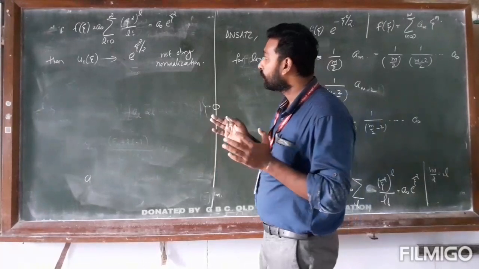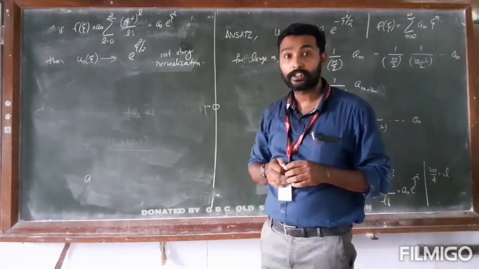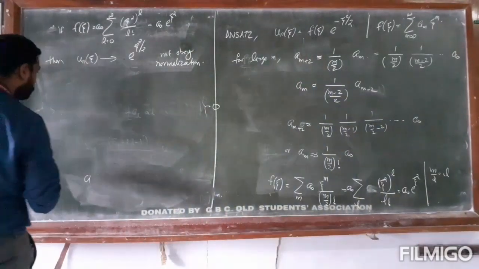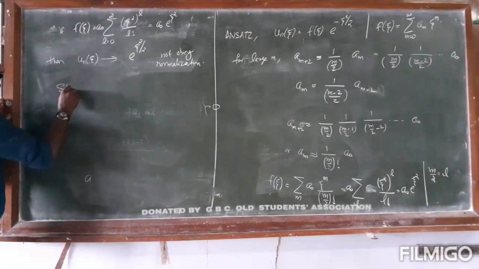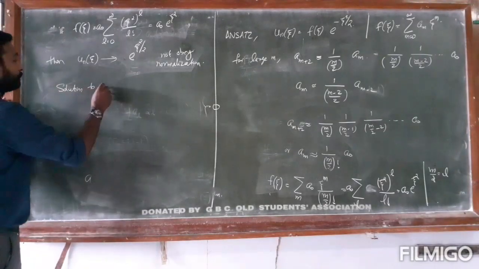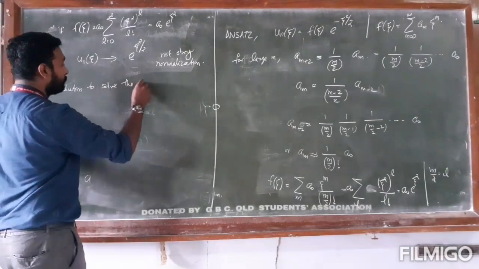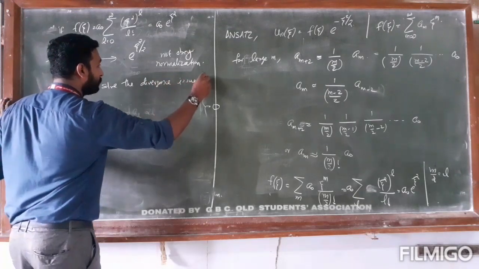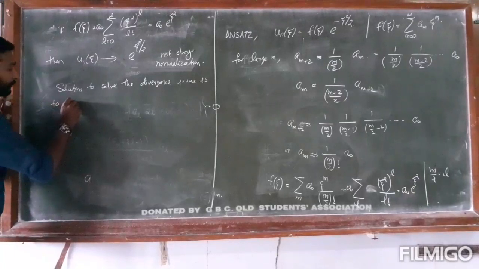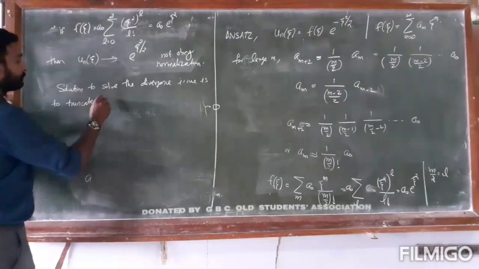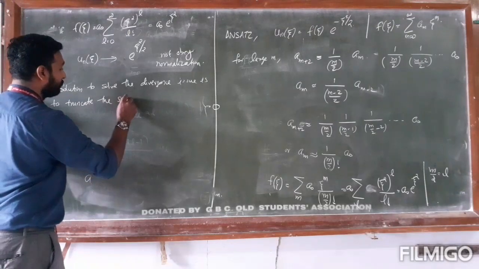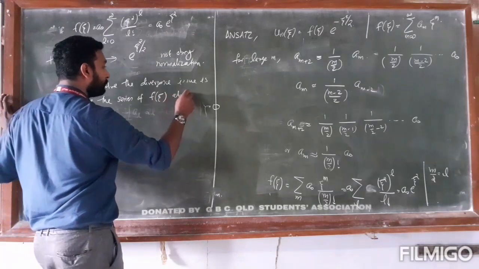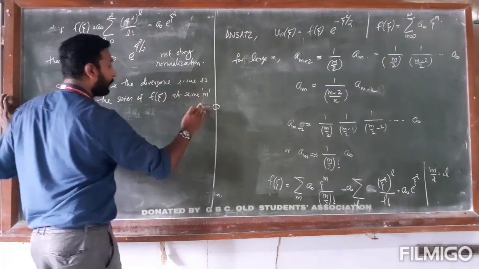So in order to do away with the divergence issue, the solution is to truncate the series of f of theta at some m.